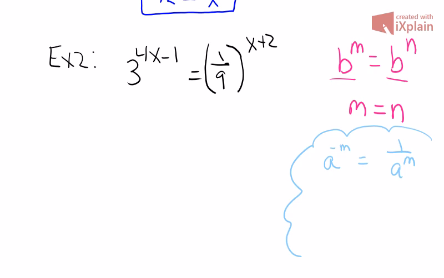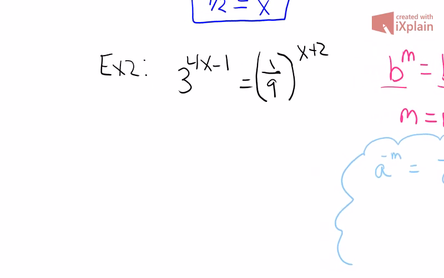So right now, I've got 9 in the denominator, and I know that 3 squared is 9. So right now, I have 1 over 3 squared. So I'm working with the fact that 1/9 is 1 over 3 squared.